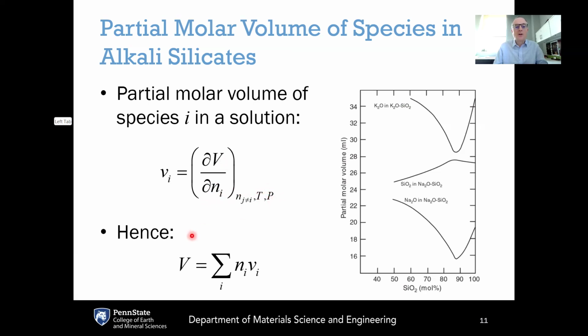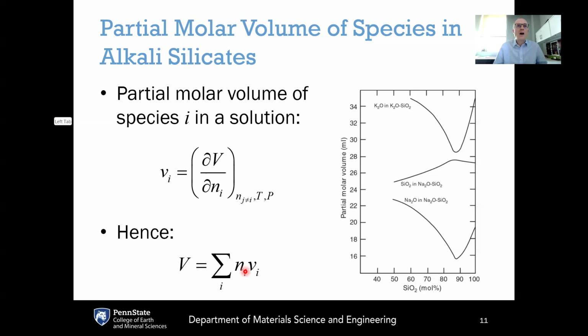And therefore, one could write the entire molar volume of the glass as a summation of the partial molar volumes of each component times the mole fraction of each of those components. So basically it's saying so much of this volume is due to this component or the next component. And if you add all those volumes together, that will get you the total molar volume of the system.